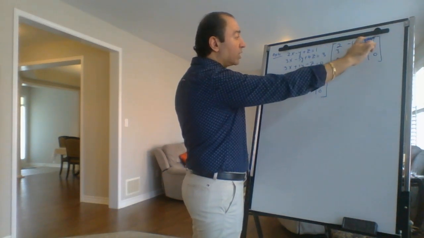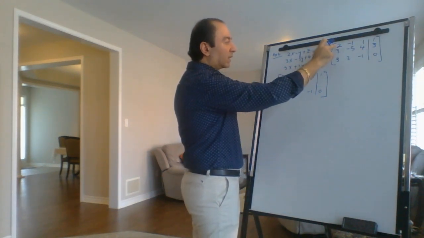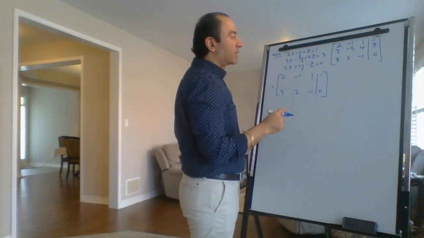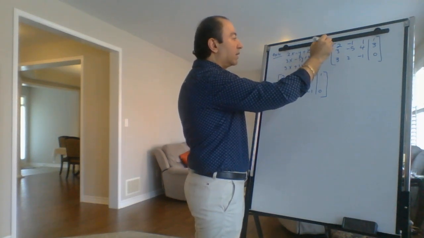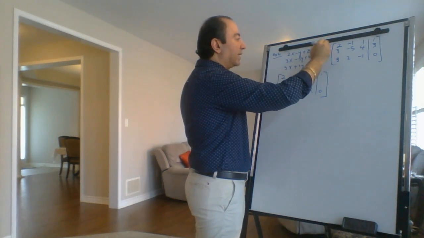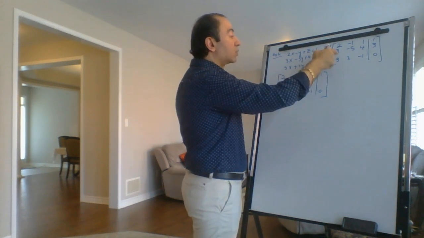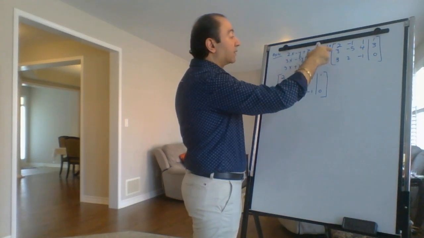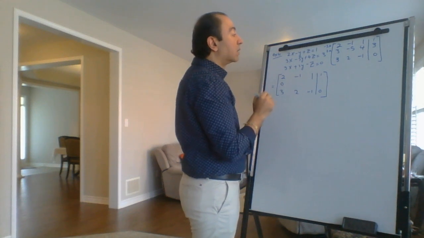Then the only change will happen in the second row. What is the least common multiple here? It is 6, so I will multiply this row by negative 3 and this row by 2 and add. So negative 3 times 2 plus 2 times 3 is negative 6 plus 6, so that's 0.